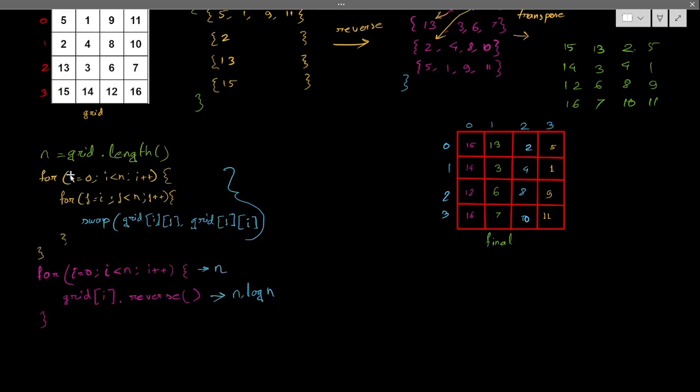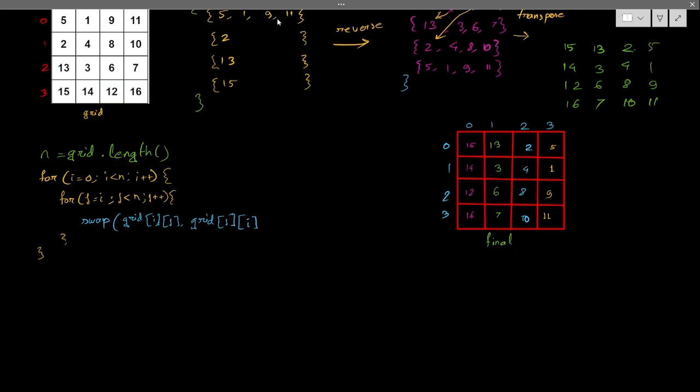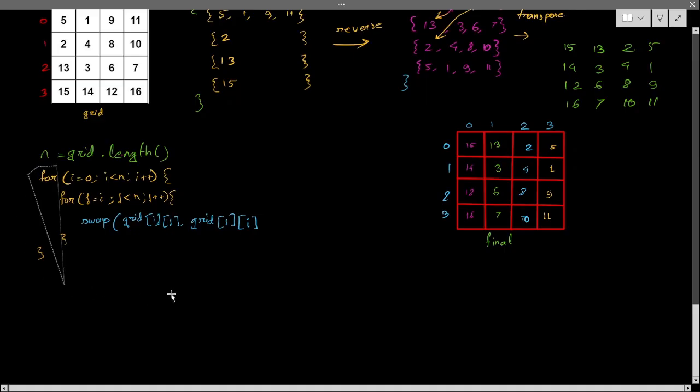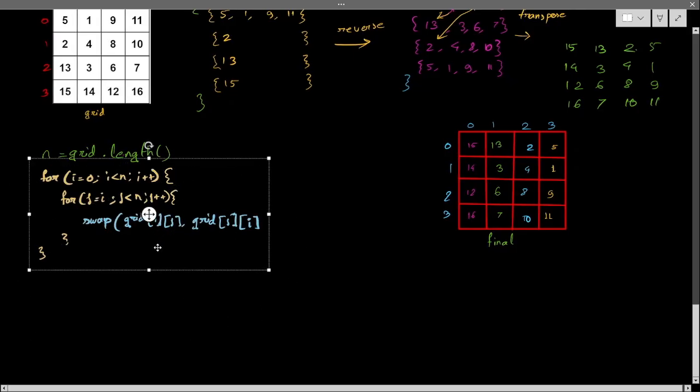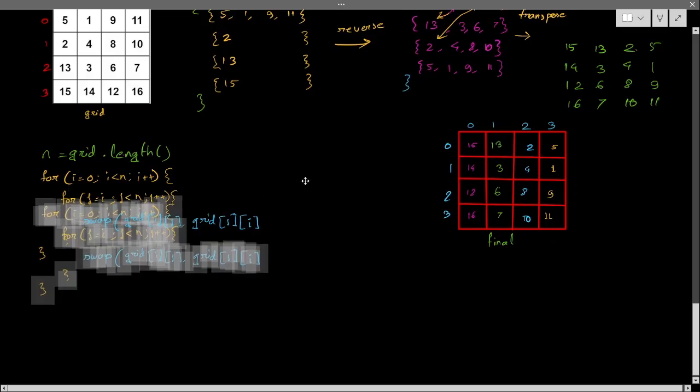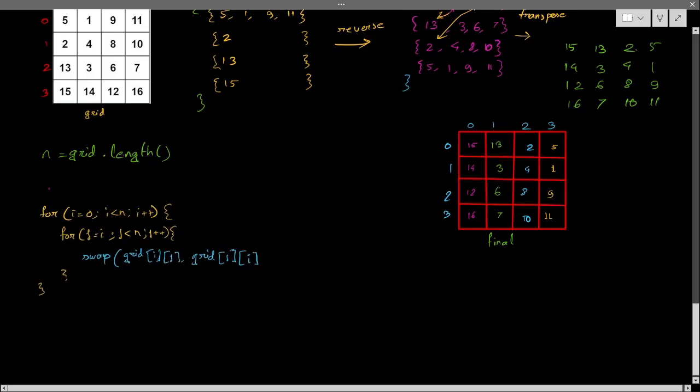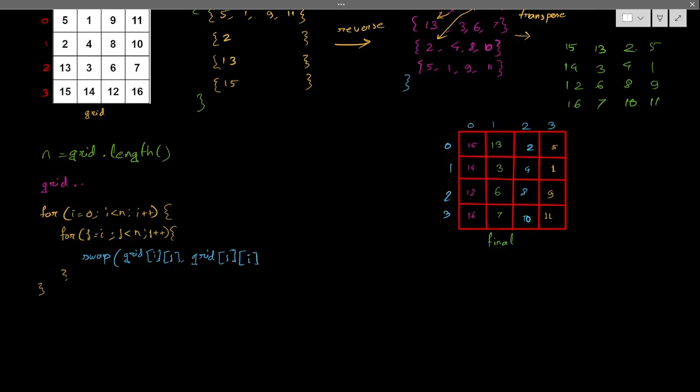I have to find the grid as usual, but before doing the transpose, I have to reverse the matrix. So I will not directly do the transpose; instead I will reverse the matrix first, then do the transpose. It will look like this. My grid, I have to reverse it.